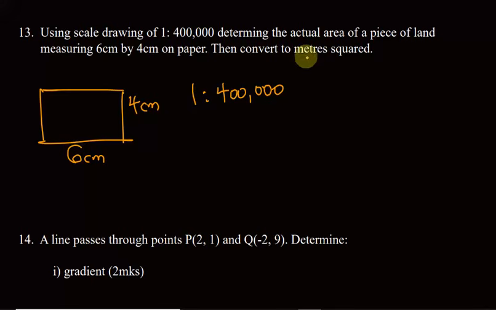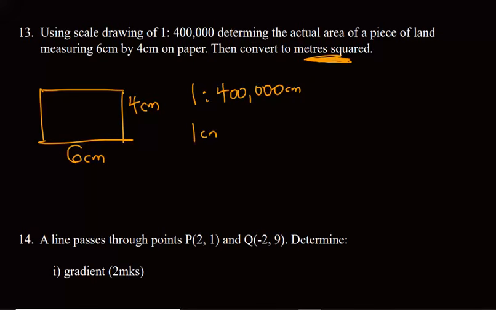We want to find it in the long run in square meters. So we can just convert this to meters. This scale means 1 centimeter represent 400,000 centimeter. This way we can convert it to meters directly.